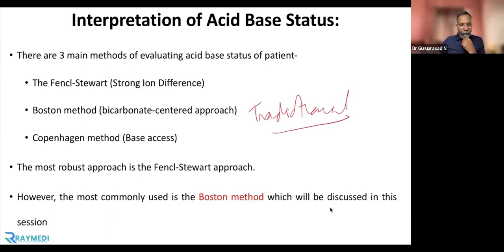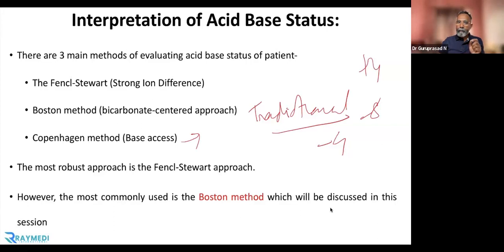Next is the Copenhagen method, which is based on base excess. Most of the ABGs will show base excess is -4 or -8 or +4. So what exactly do they mean? Base excess is the amount of base or acid to be added to make the pH come back to 7.4, but it is an in vitro method, not in vivo.